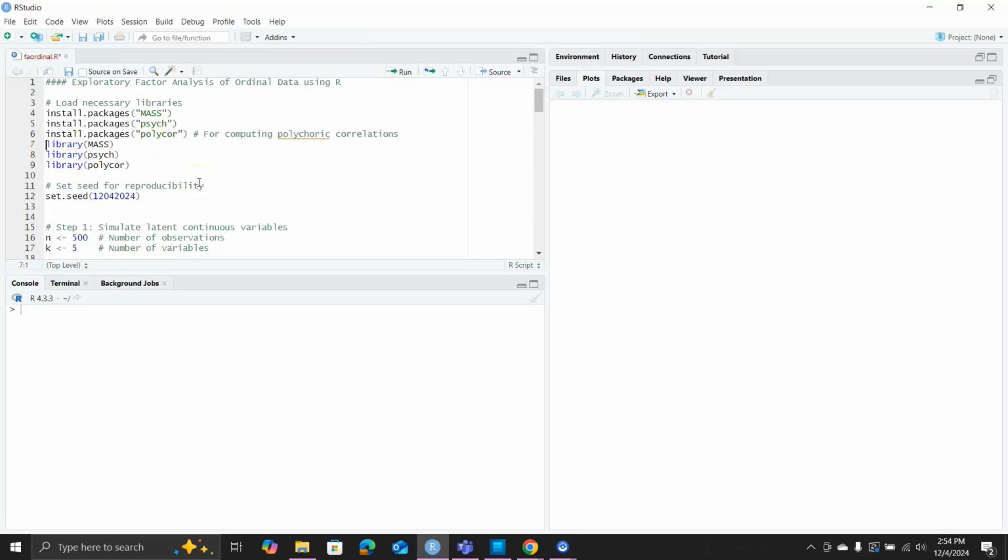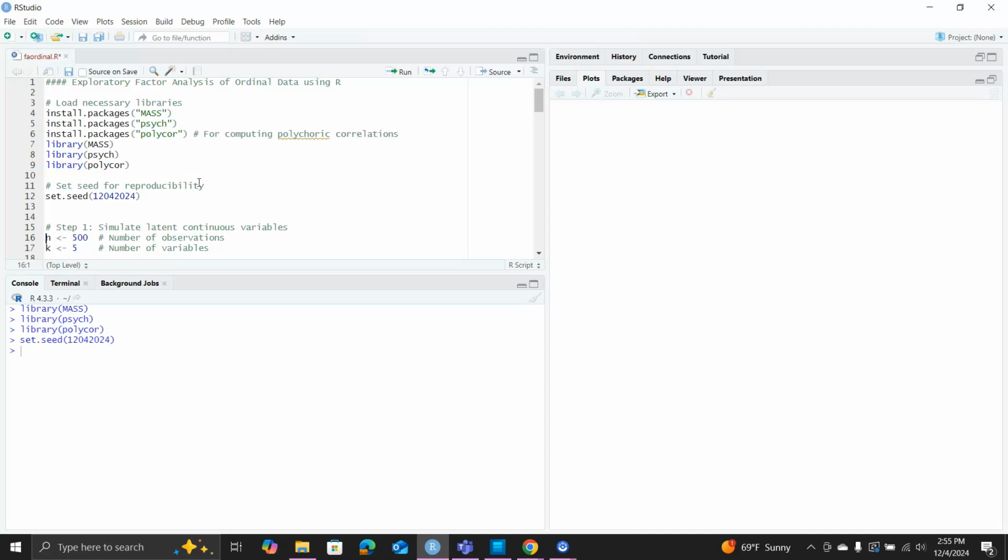So the first approach I want to show you needs three libraries: MASS, psych, and polycor. Let me load in these three libraries and set a random seed.